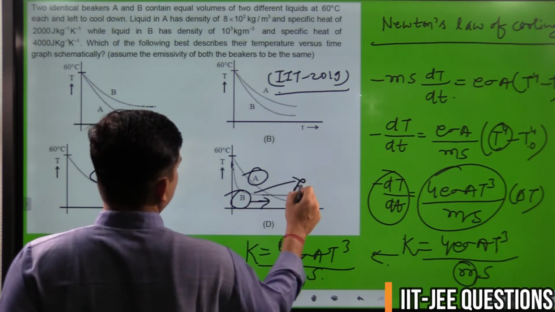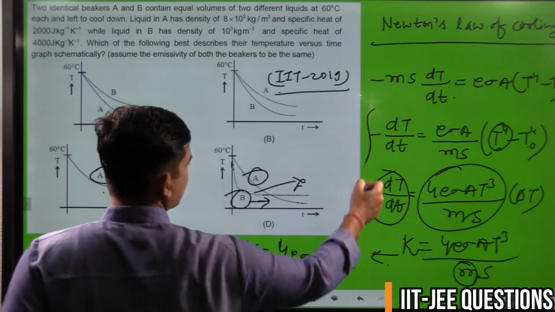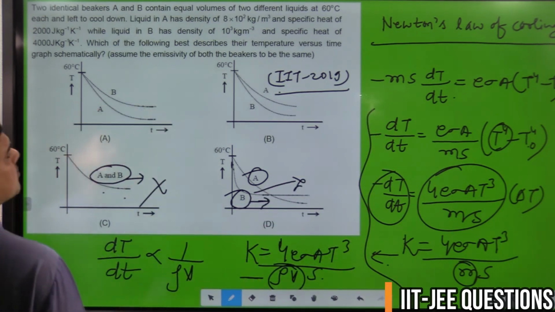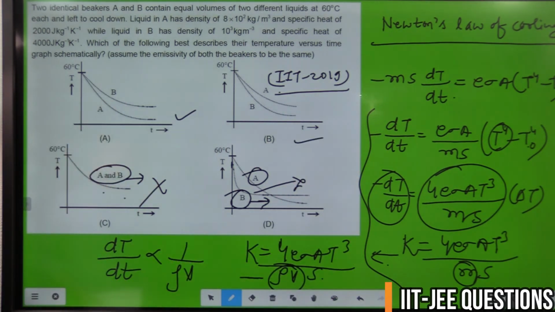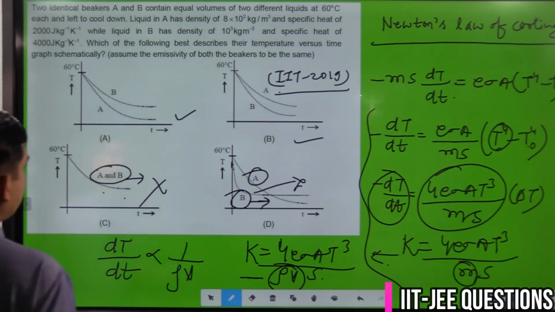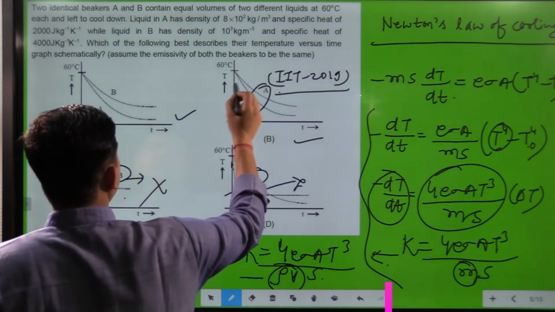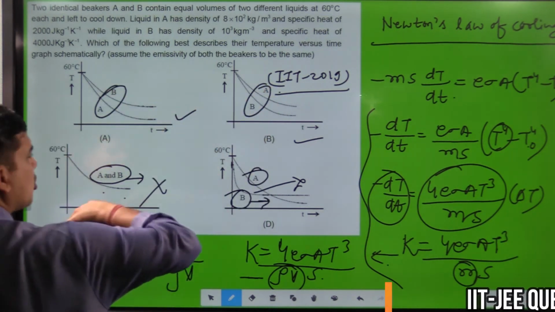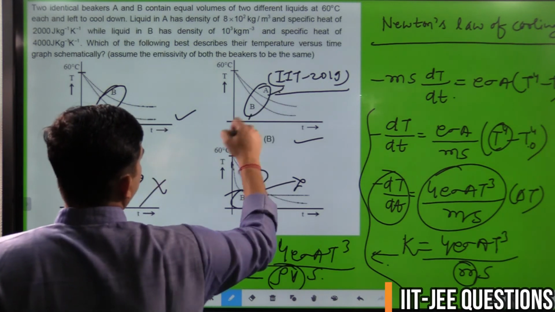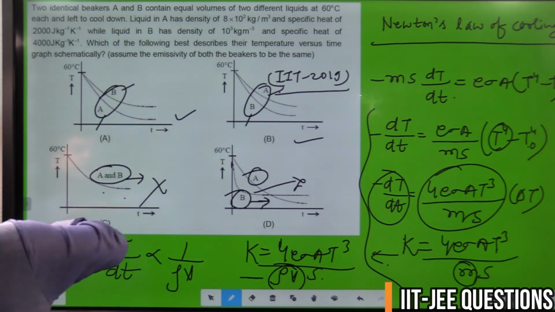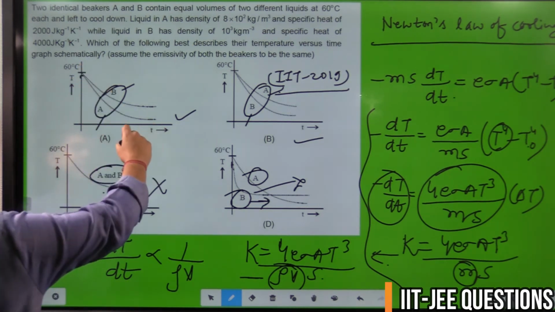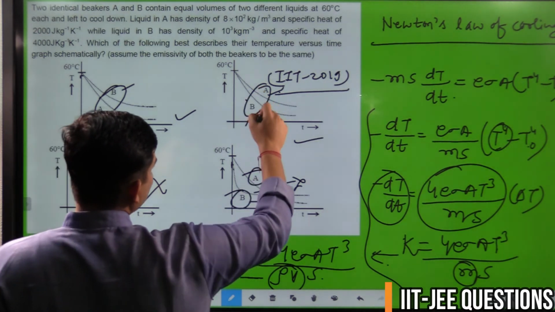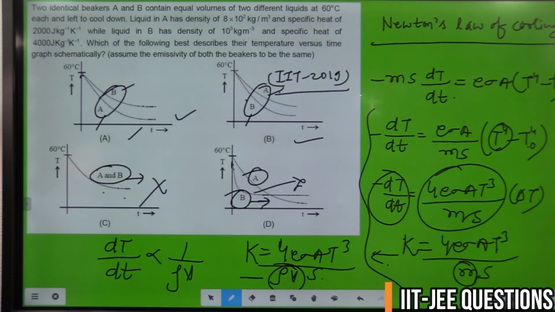It is also not possible according to this derivation. Option A and B are very nearby options, but the main difference between them is this one. Just look at this, A and B, B and A. It means A loses its temperature rapidly in the first, and in the second B loses its temperature rapidly. And which one is correct?